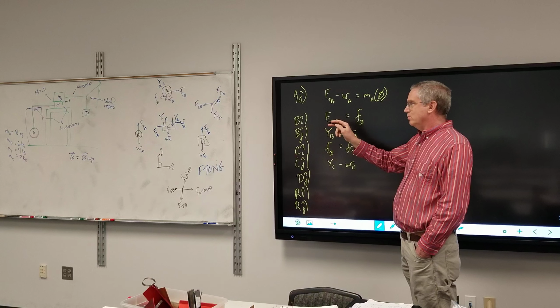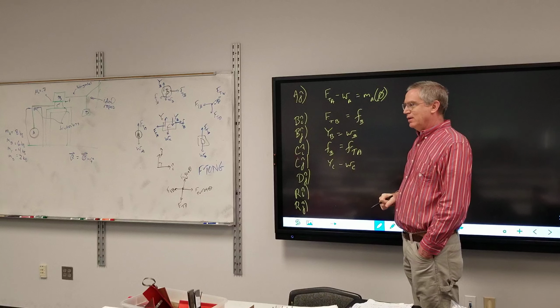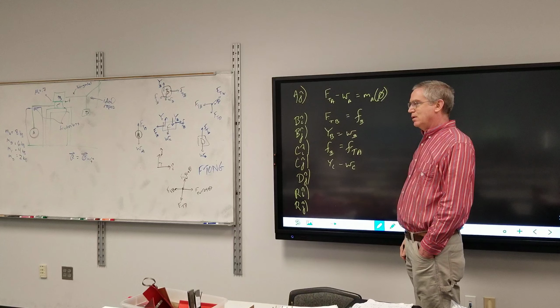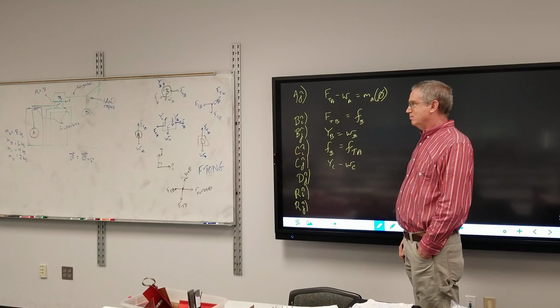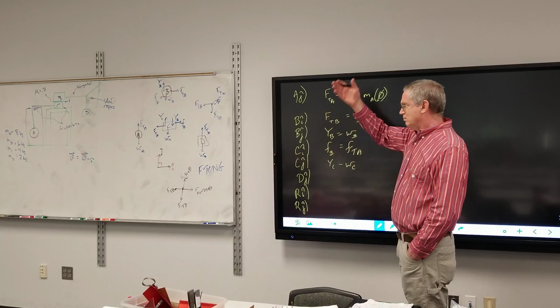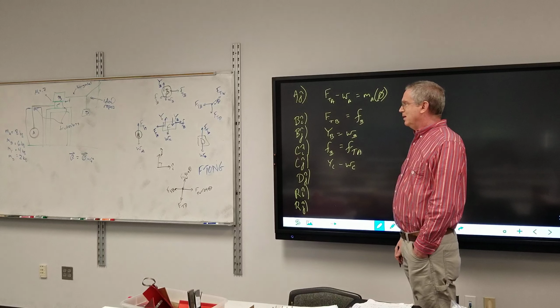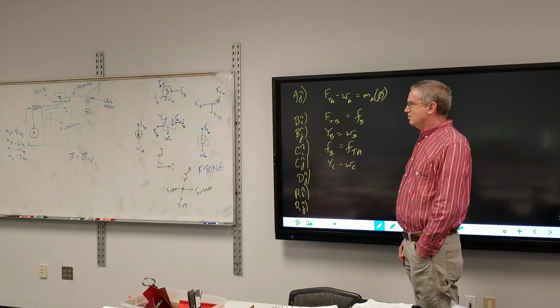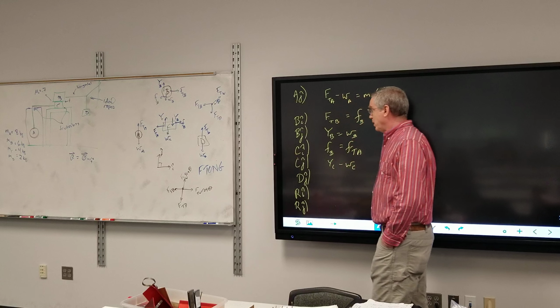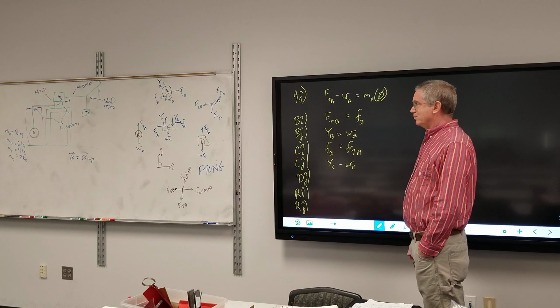Look at the vertical forces acting on C. There are 3 forces. Equals FB, or vertical, sorry. YB, where does YB go? Equal to FB.